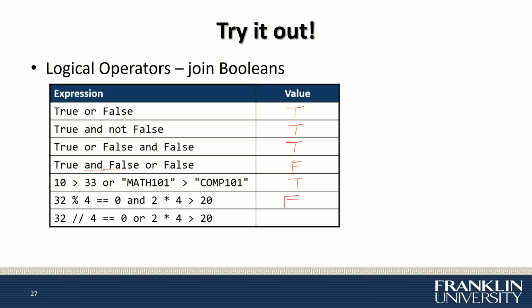Now 32 divided by 4 equal to 0, with integer division, 32 divided by 4 is 8, so this is false. False or 2 times 4 greater than 20, 8 greater than 20, false. False or false is false. Take a look to see if you got the same answers.